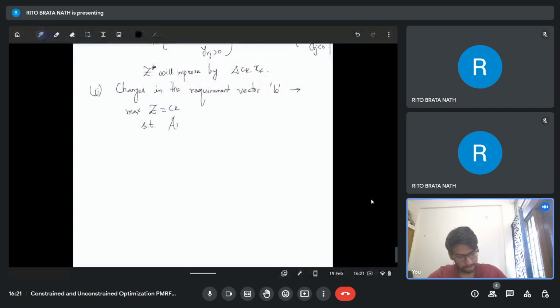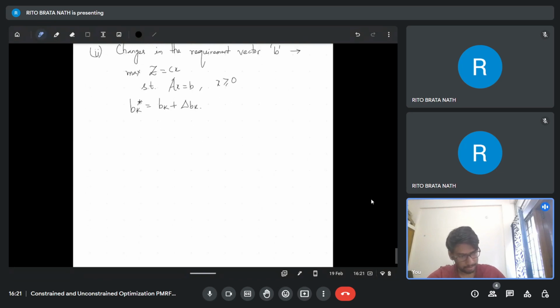What you have is Ax equals b and x greater than equals 0. Now bk star, suppose I write it, becomes bk plus delta bk. And the new BFS will be B inverse b star because this has changed. And your b star is nothing but b1, b2, bk plus delta bk, up to bn. So this is the change that has occurred.